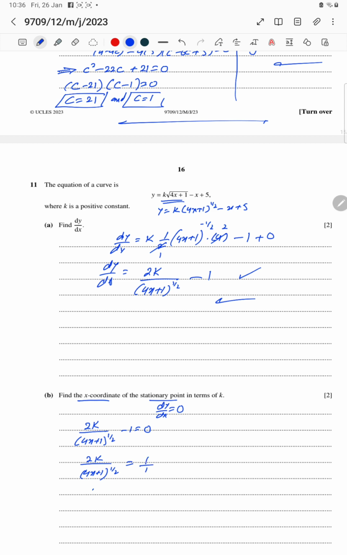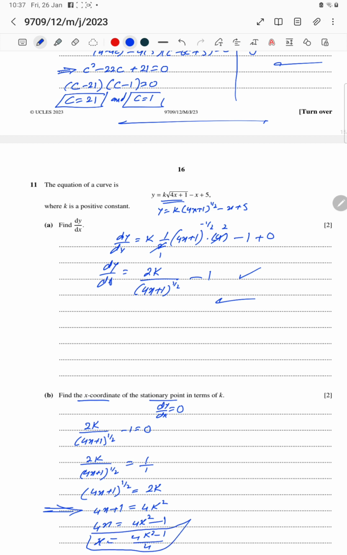Do the cross multiplication. I will get this result equal to 2k. Taking the square on either side will give me 4k squared. 4x will be 4k squared minus 1. So the x coordinates are (4k squared minus 1) over 4. I hope it is clear.